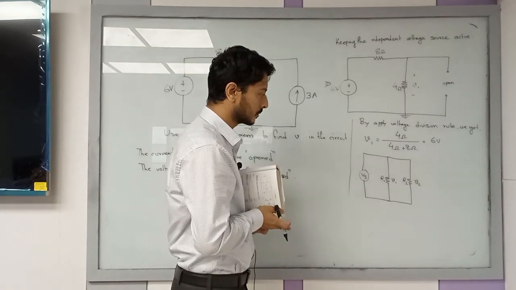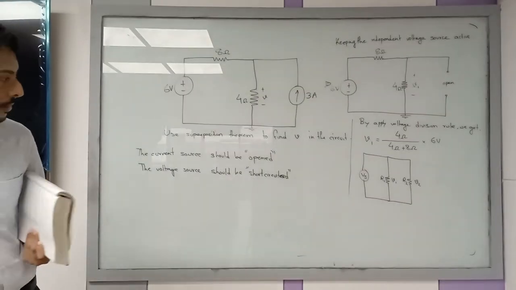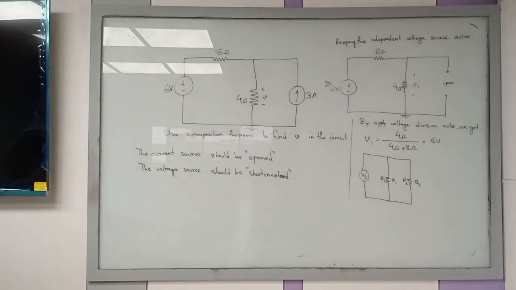R2 by R1 plus R2. আচ্ছা, ভোল্টেজ ডিভিশন রুল করছো না চ্যাপ্টার 2 তে? স্যার, এটা কি R2 by R1 plus R2 হবে? R1 divided by R1 plus R2 into supply voltage.